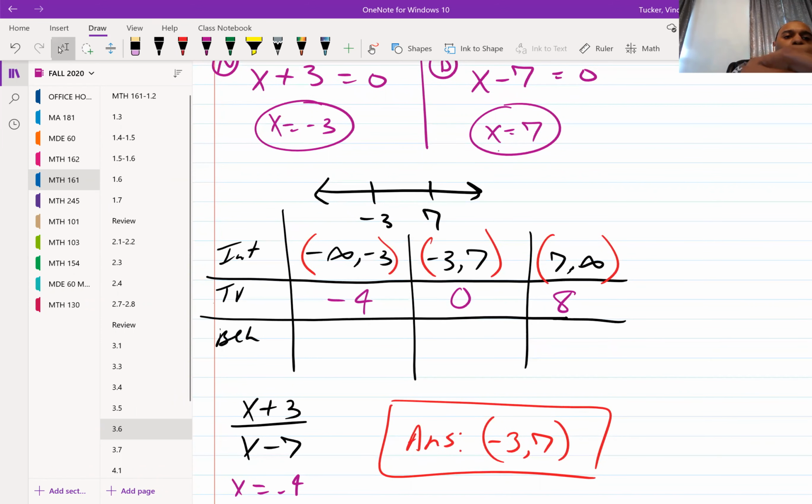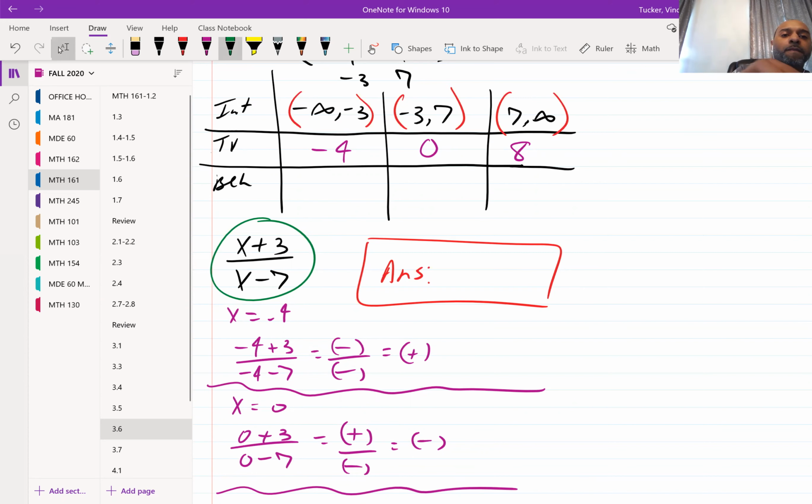Plugging in negative 4, that's negative 4 plus 3 over negative 4 minus 7. That ends up giving me a negative over a negative, which is a positive result. Plugging in 0 gives me a positive 3 over negative 7.